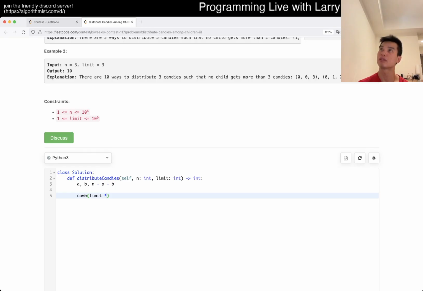How do you choose it? How do you figure it out for a given number? Is it limit times 2 choose 2? Don't think so, right? Also, that doesn't even make any sense. That is true.